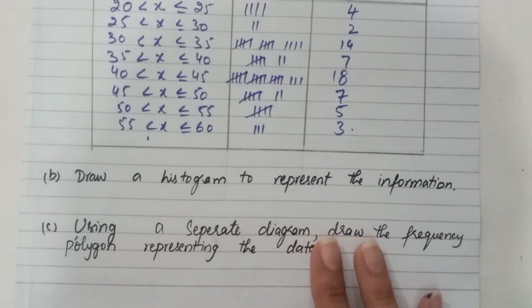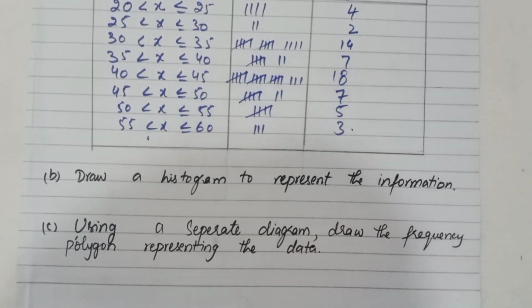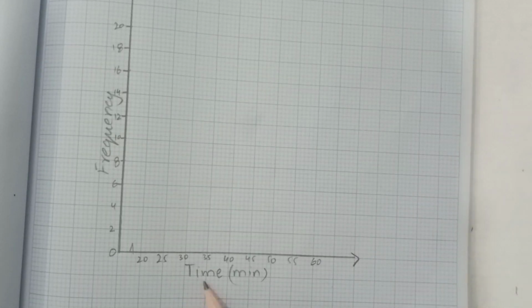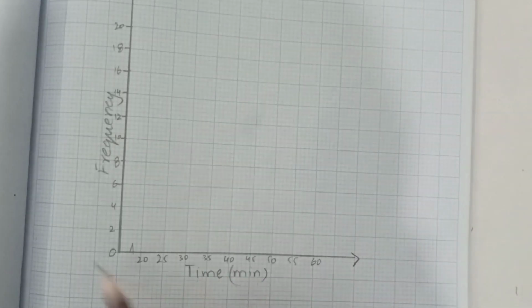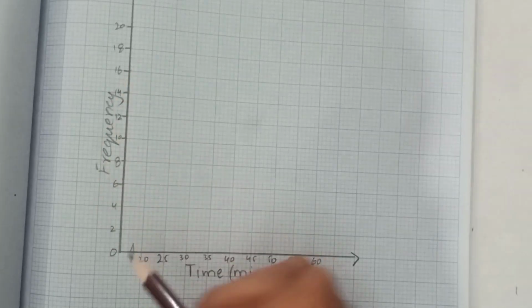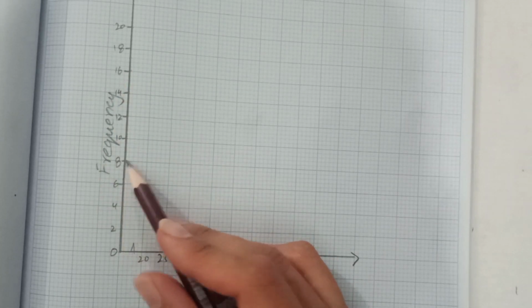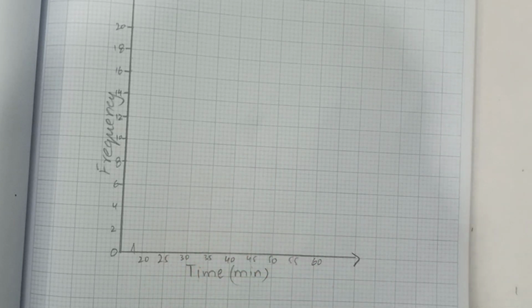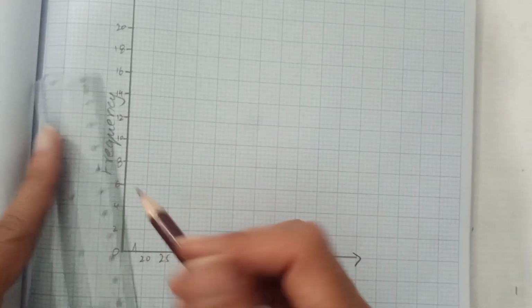Now, part B, draw a histogram to represent this information. Students, I take the time along the x-axis and frequency along the y-axis and take a difference of 2. For 20 to 25, the frequency is 4.